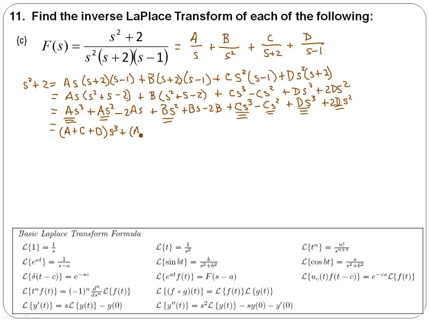I get a plus b minus c plus 2d. For my s terms, I have negative 2a plus b, and then for my constant term, I just have negative 2b.